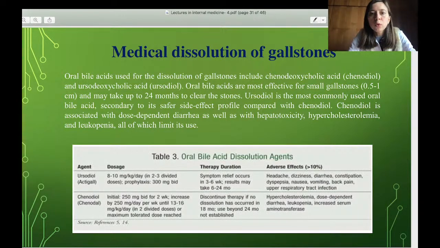Ursodiol is the most commonly used oral bile acid, secondary to its safer side effect profile versus chenodiol. Chenodiol is associated with dose-dependent diarrhea as well as hepatotoxicity, hypercholesterolemia, and leukopenia, all of which limit its use.